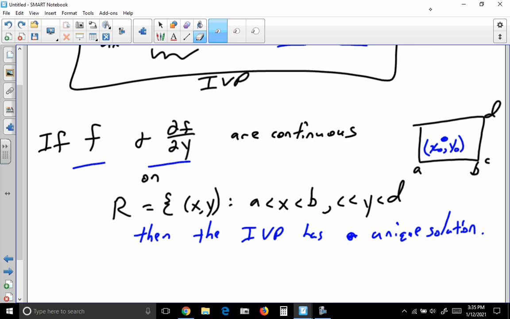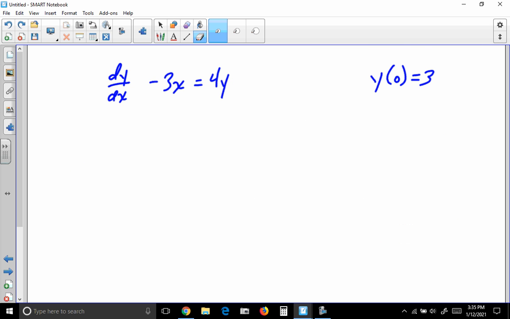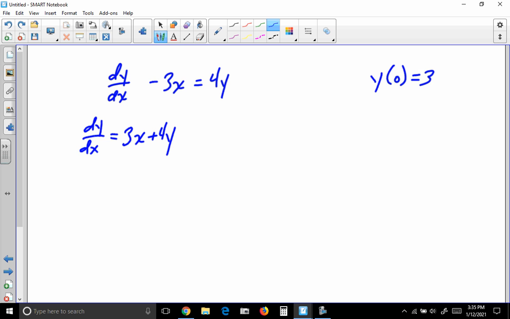So let's look at two examples of this. Let's try to see whether the existence and uniqueness theorem guarantees a solution to this particular differential equation, dy over dx equals, let's call that f, 3x plus 4y.